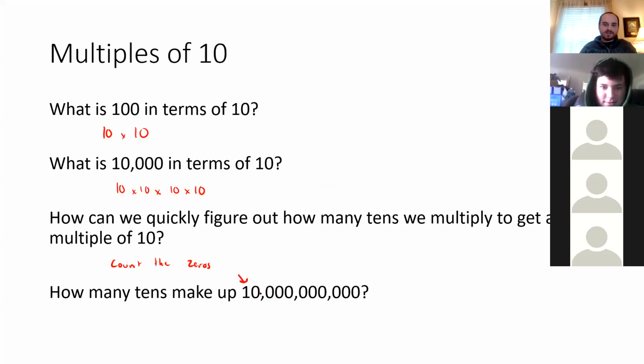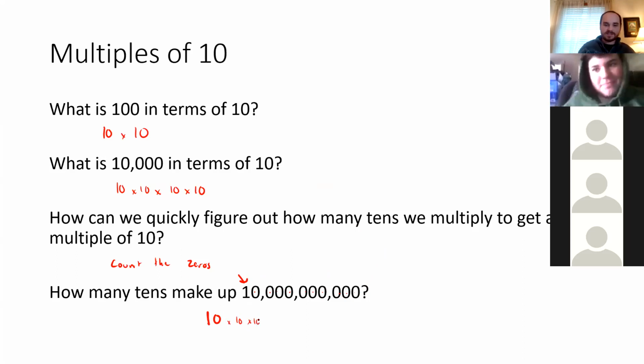How many make up this number? So it's already here. This is 10 billion. So you're just counting the zeros here. If we count the zeros, we get 1, 2, 3, 4, 5, 6, 7, 8, 9, 10. So the answer here is just 10. But it's not 10 times 10. No, it's 10. There's 10 tens in it.